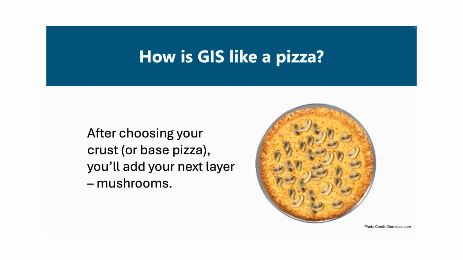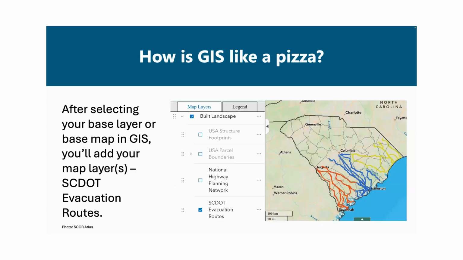As a next step in making our pizza, we will add a second layer, mushrooms in this case. Similarly, after your GIS base map or base layer is chosen, you can add additional map layers, which can be called map layers or layers in a GIS tool.